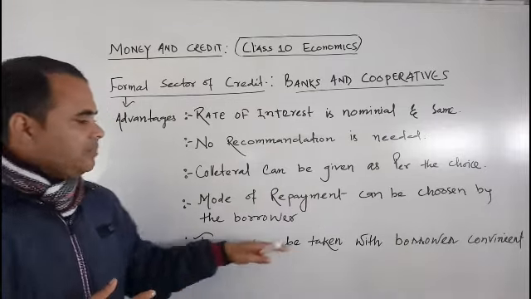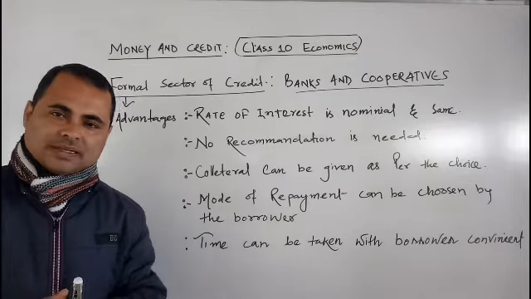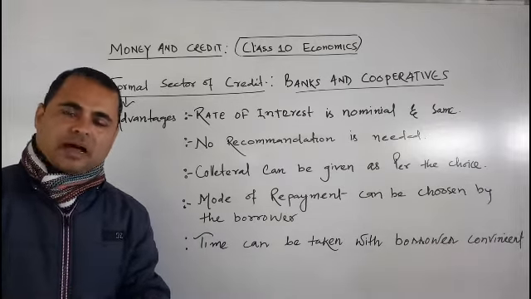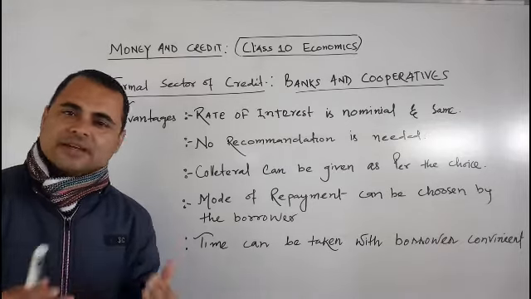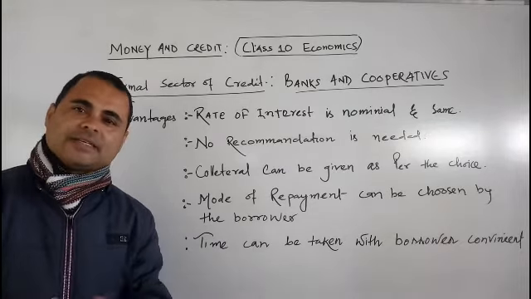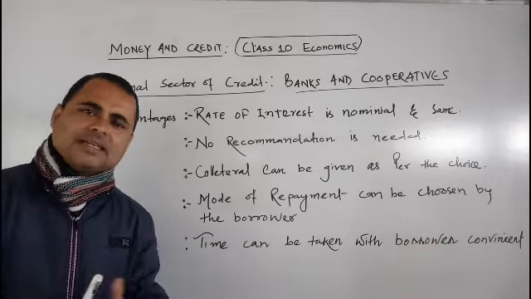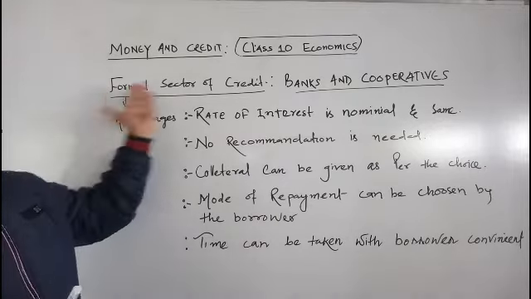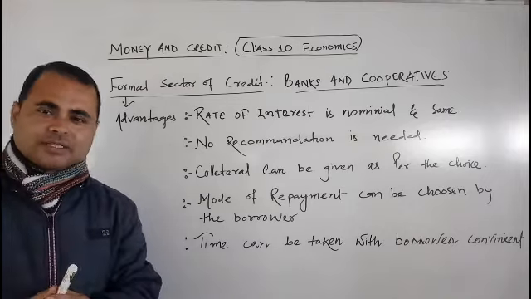Finally, the time can be taken as per the borrower's convenience. Suppose you have taken a loan, and to repay that loan, how much time you need, that also can be decided by the borrower. Besides that, there are some more advantages when you get credit from the formal sector.